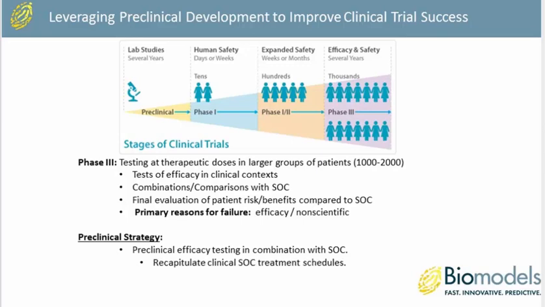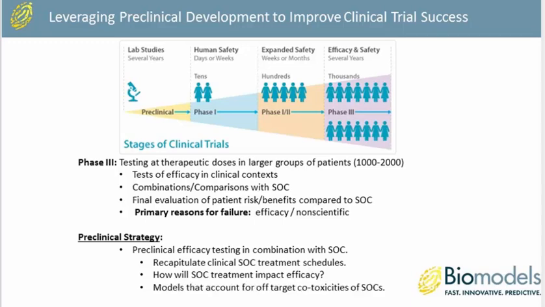Preclinical strategies to mitigate failure in phase three: do preclinical efficacy testing in combination with standard of care, and recapitulate clinical standard of care treatment schedules. Ask how the standard of care treatment might impact efficacy, in terms of how a patient undergoing previous treatment might respond to a new treatment, and how the new treatment might work in synergy with standard of care treatments.